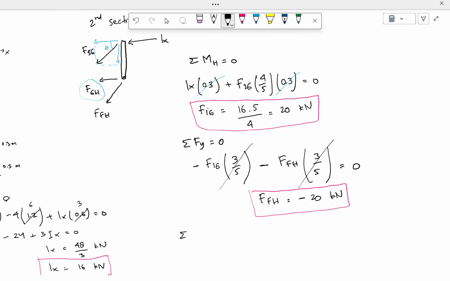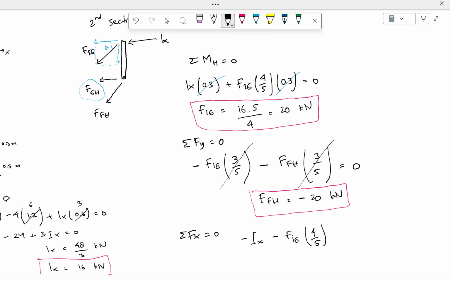Okay, and then the last equation, the x equation, right? Sigma Fx equals 0. I have minus Ix because it's to the left, right? And then I have FIG cos theta, which is 4 over 5. And then what else?